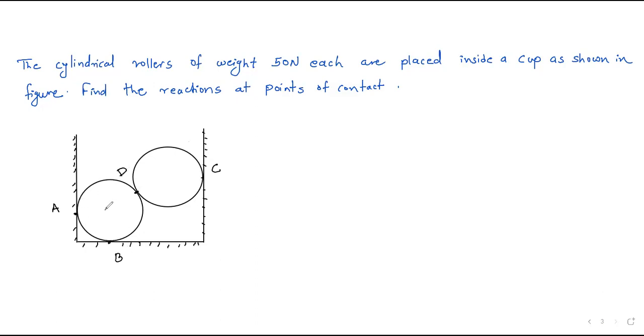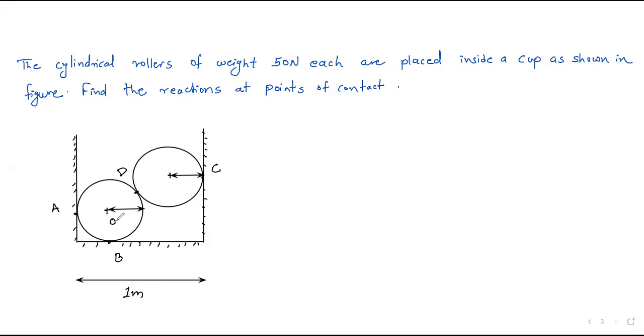Now somewhere here the center of this sphere will be situated, and somewhere here the center of this sphere will be there. So this total distance is given to us as 1 meter. This total distance they have already given us in the numerical itself. This total distance is 1 meter, and also this distance and this one, it is also given.